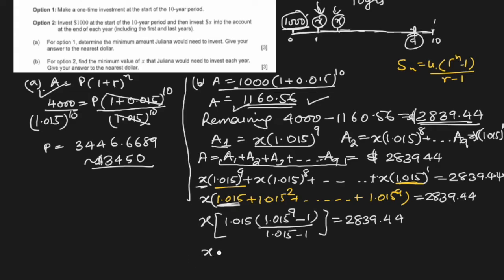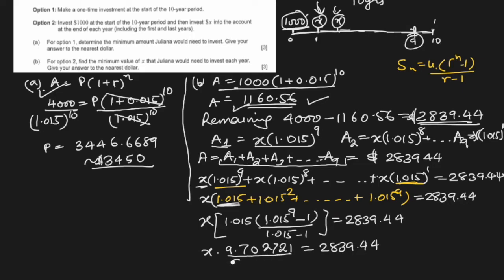So let's find what it is equal to. It becomes X, and if I put this whole thing in my calculator, I get 9.702721 equal to 2839.44.